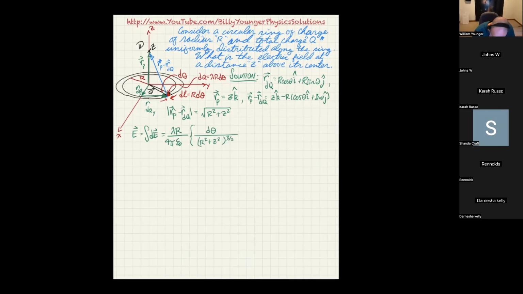And then what I have is rp minus rdq, which will be zk hat minus r cosine theta I hat minus r sine theta j hat. And of course, all of this has the integral taken over it, and I'm going to integrate from theta equals 0 to 2 pi.